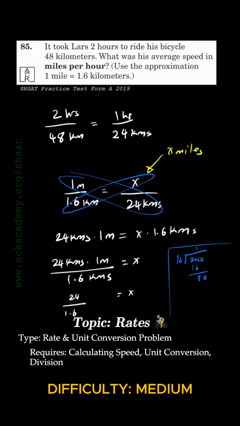Bring down the 0. 16 goes into 80, let's see, 16 times 5 is 80. Okay, perfect. So 5 times. So then this goes to 0.